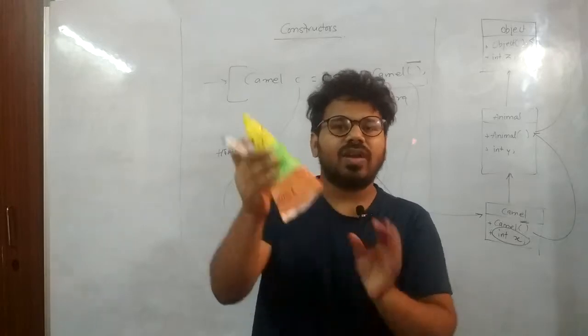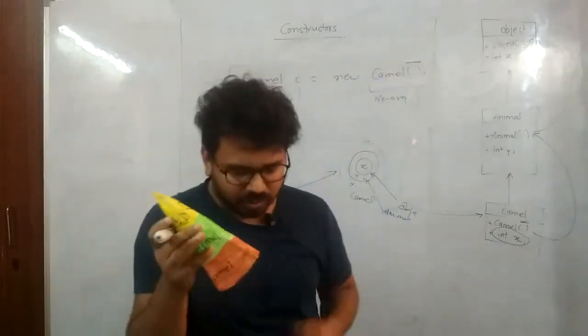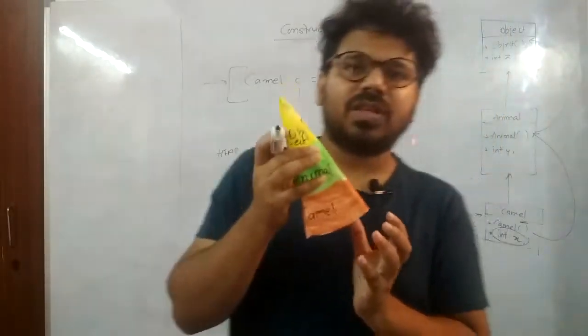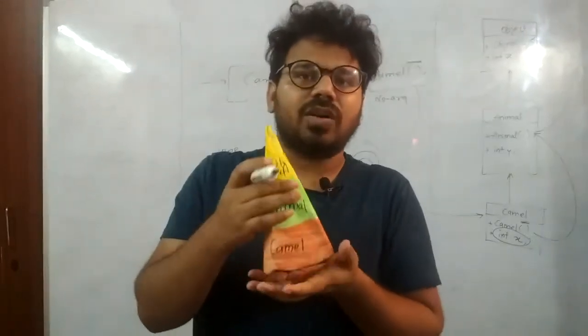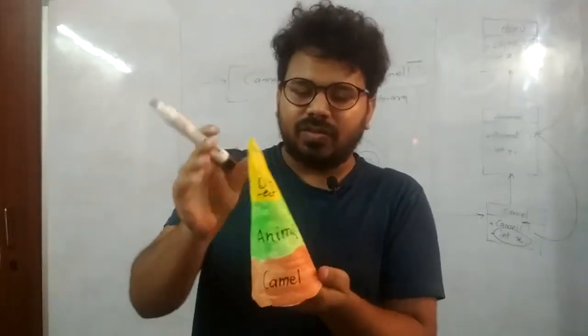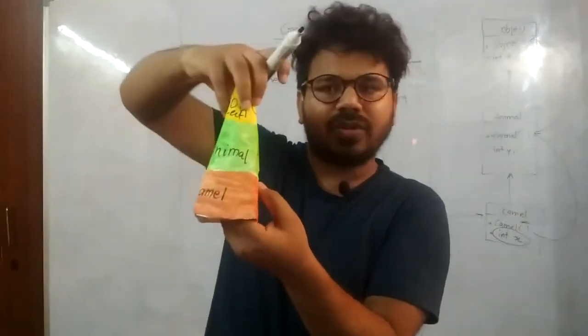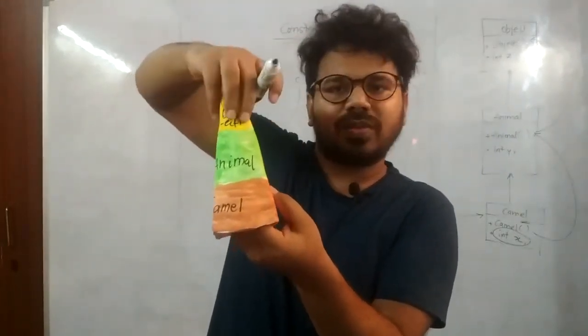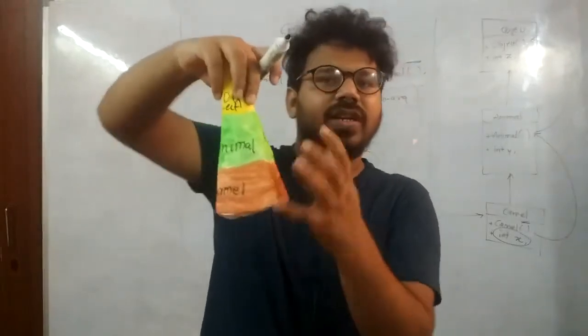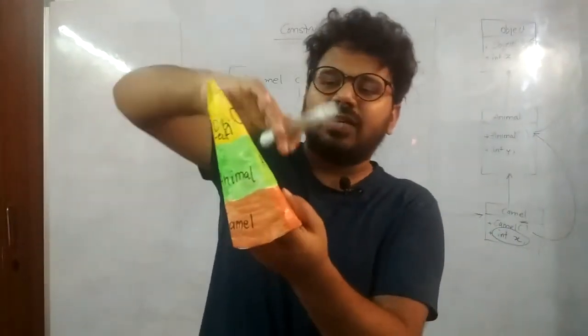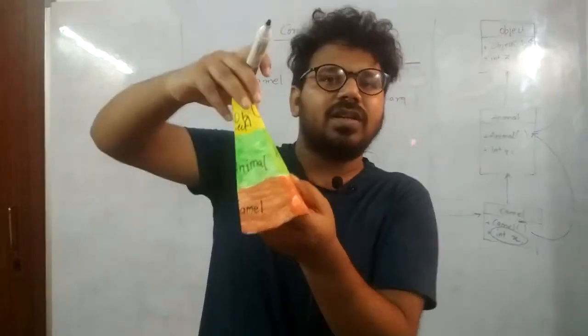While we are going to create a camel object, what must be created already? When we create this camel object, its object portion must be created before creating this object, and its animal portion must also be created before.